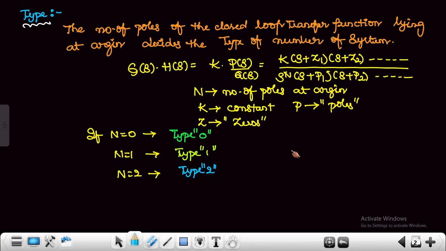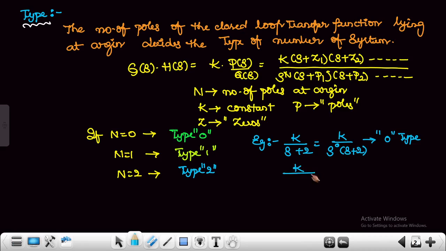Let us take some examples for better understanding. K divided by (s + 2) equals K divided by s to the power of 0 into (s + 2), so that is a type 0 system.